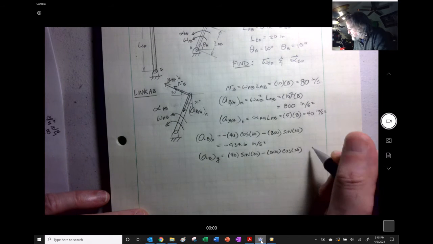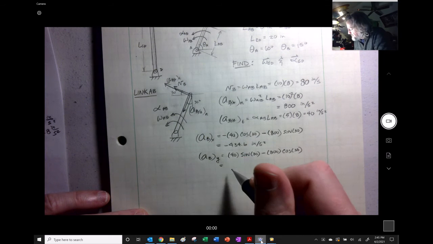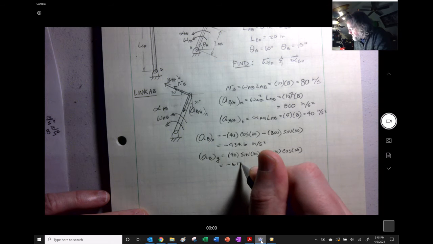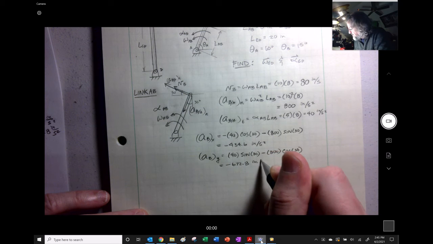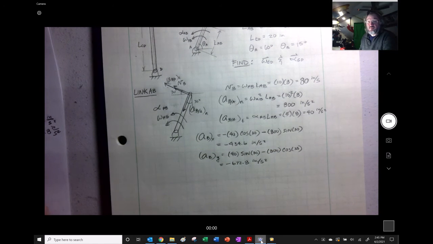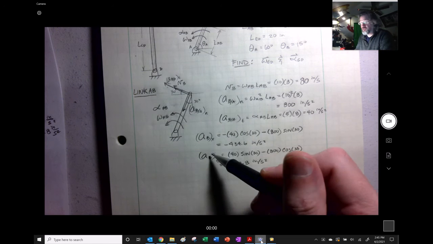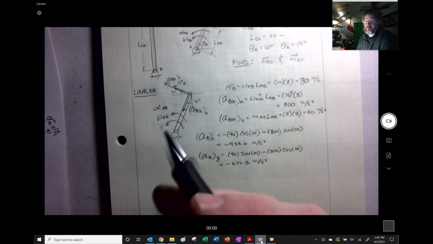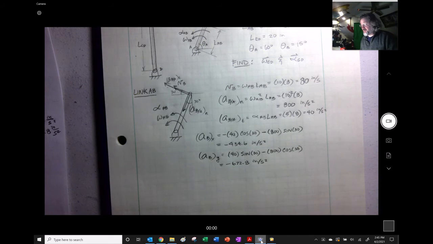So this ends up also being negative 672.8 inches per second squared. Just remember though, I'm going to probably draw it in the positive direction and then stick a negative number in there. I just don't want to double dip with the negative into the negative.